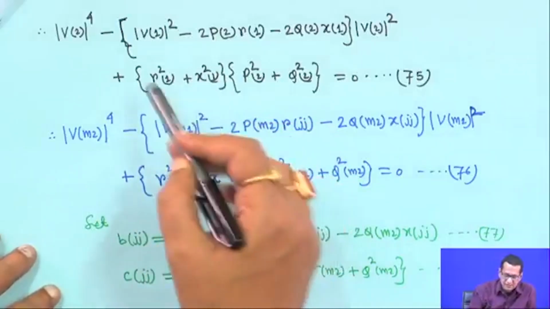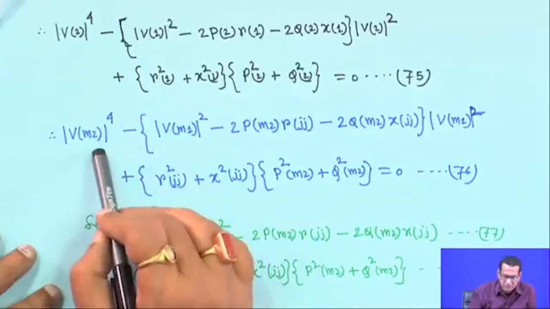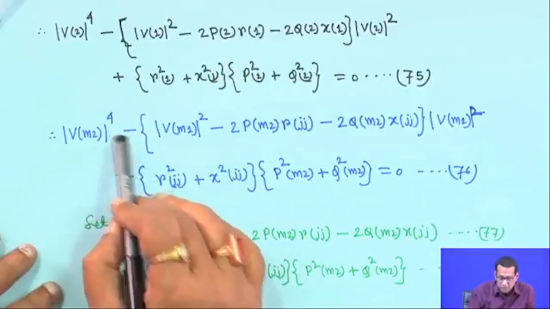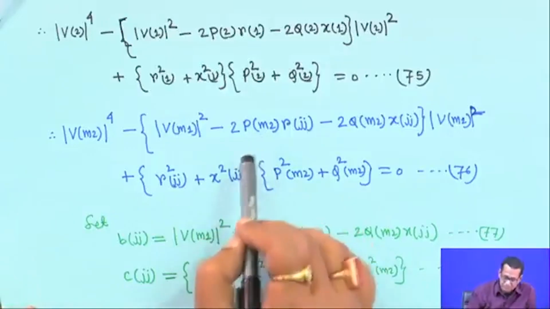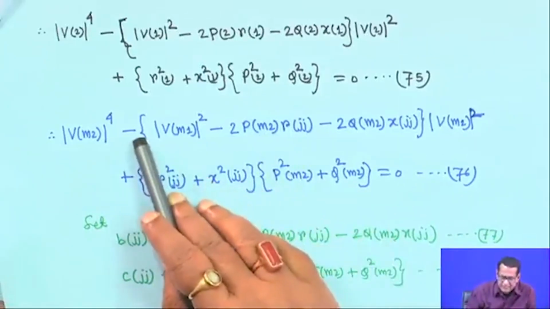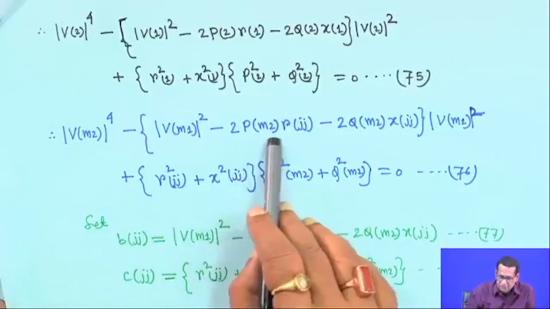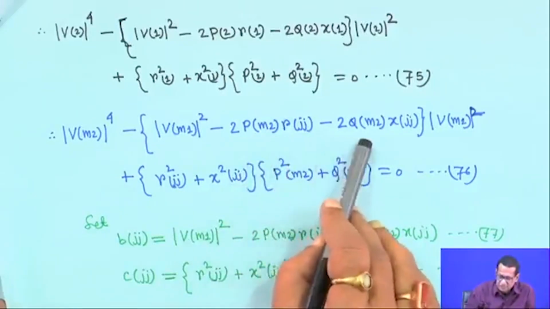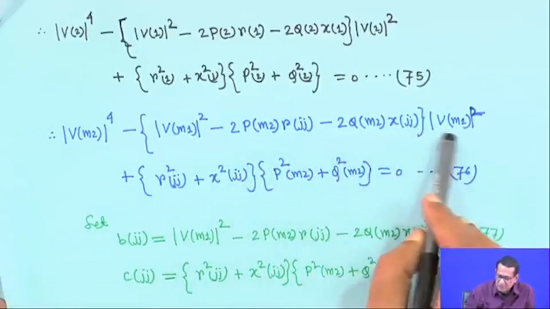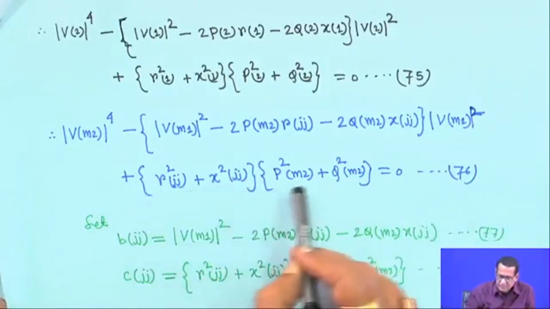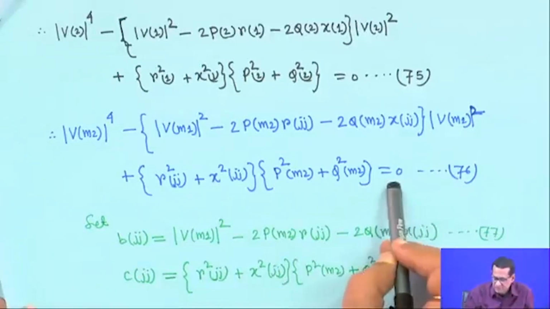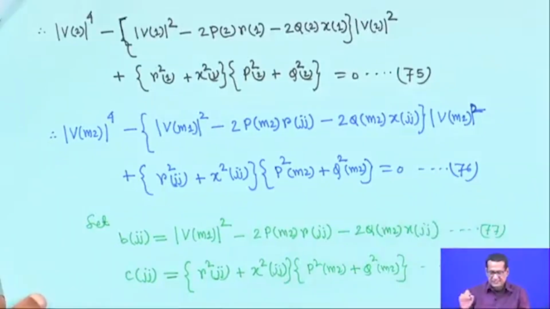So in general it is Vm2 to the power 4 minus (2 Pm2 Rjj minus 2 Qm2 Xjj) into Vm2 square plus (R square jj plus X square jj) into (P square m2 plus Q square m2) is equal to 0. This is equation 76.